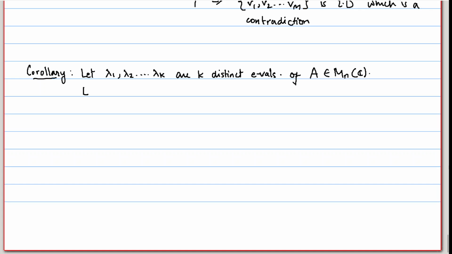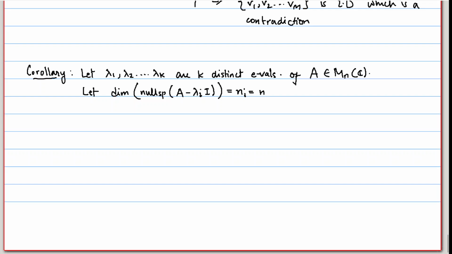Additionally, let the dimension of the null space of A minus lambda_i I be equal to, say, n_i.